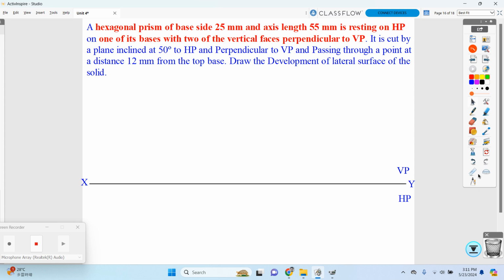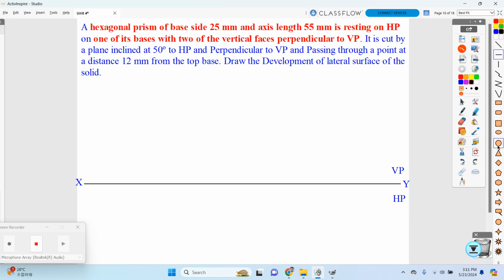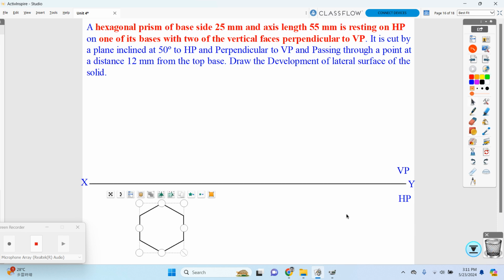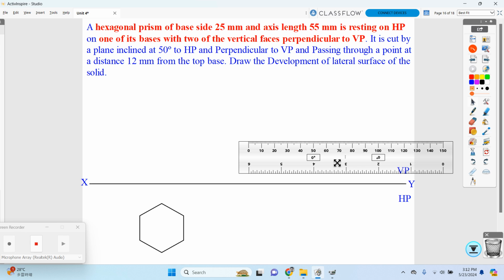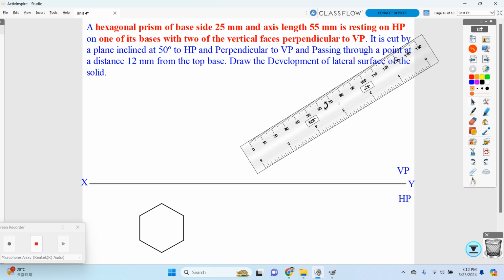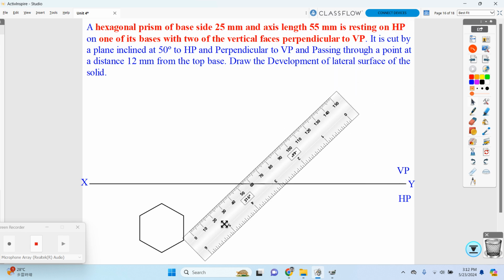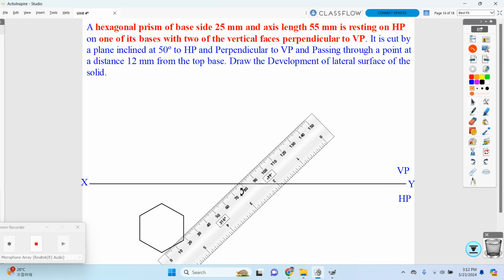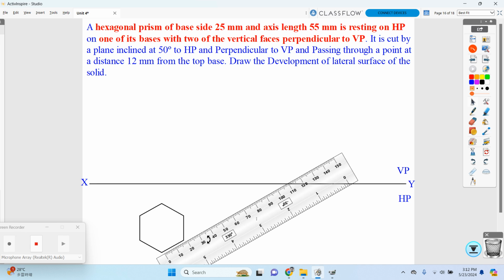In your question they have provided the prism of base side 25 mm, so we are going to develop our hexagonal prism. In this hexagonal prism I am going to measure 25 mm.